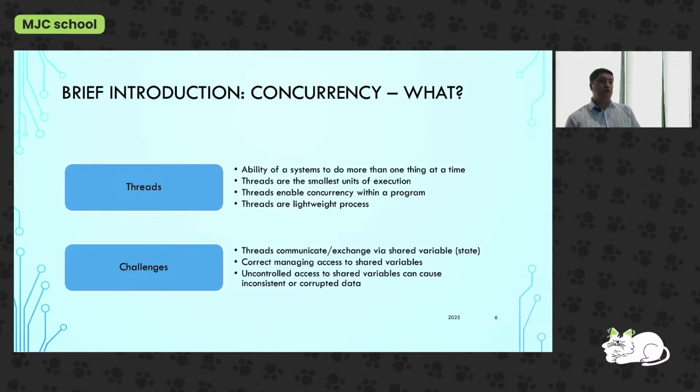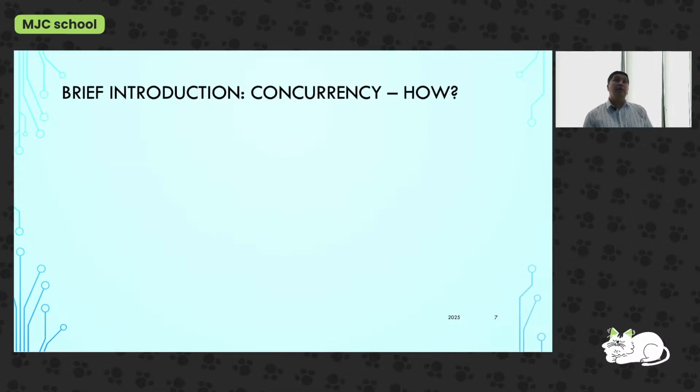The challenges arise when, for example, multiple threads communicate or exchange data via a shared variable, and things go wrong. Concurrent access to a shared variable should be managed, because uncontrolled access to a shared variable can cause inconsistent or corrupted data. We will explore those scenarios of corruption.